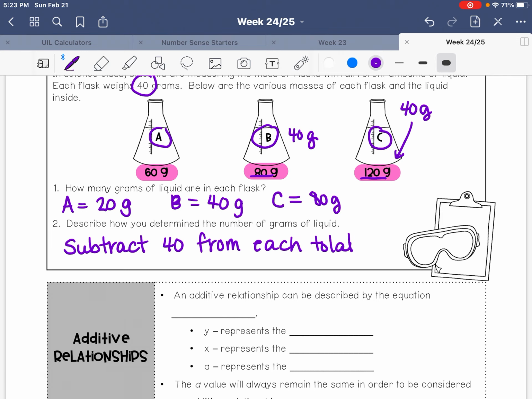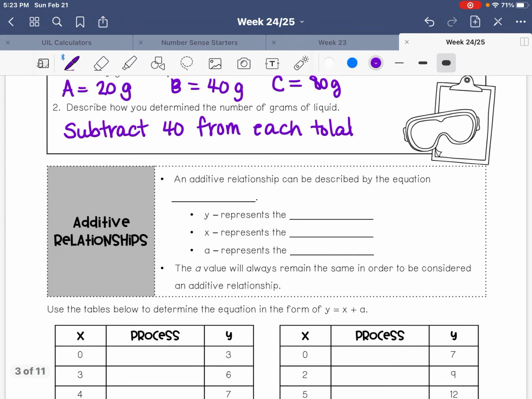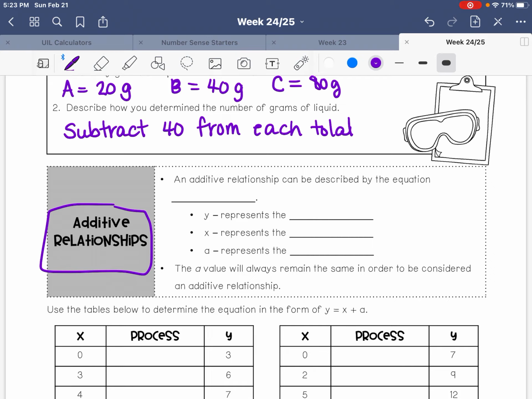Even though we subtracted, it's still an additive relationship because we don't say subtractive. All right, so let's talk about what is an additive relationship. An additive relationship can be described by the equation y equals x plus a, or y equals x minus a. Either way, it's additive. It's an additive relationship.